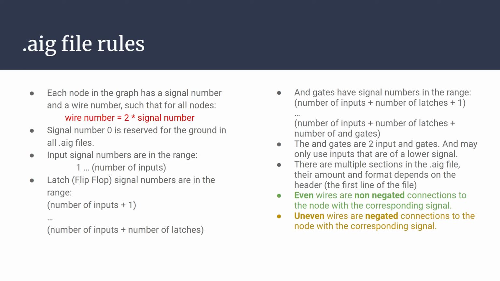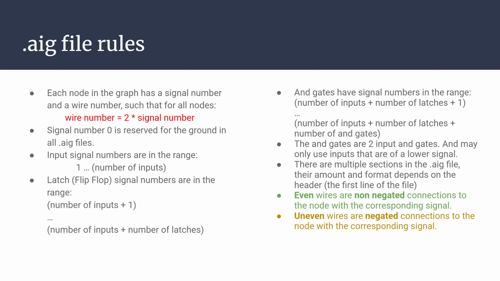Okay, so the rules for AIG files. Take a deep breath because we're going to get started. Every node in the graph has two identifiers, a signal number and a wire number. The signal number is just half of the wire number. Let me clarify why that is. A signal number is basically an index, a unique identifier.